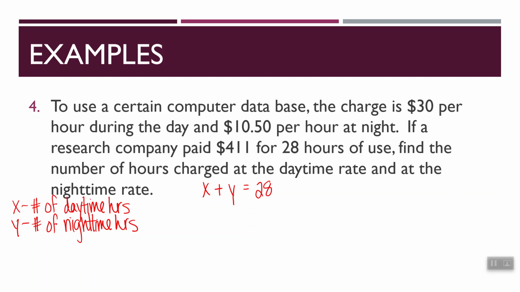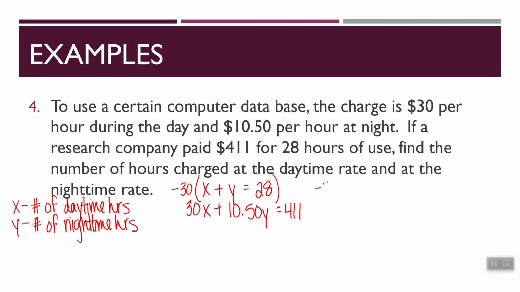And it's $30 for each daytime hour and $10.50 for each nighttime hour for a total of $411. So we're going to multiply that top equation. Again, we can multiply by -30 or we can multiply by -10.50. I'm going to go ahead and do -30. Just seems a little easier than having to mess with that decimal.